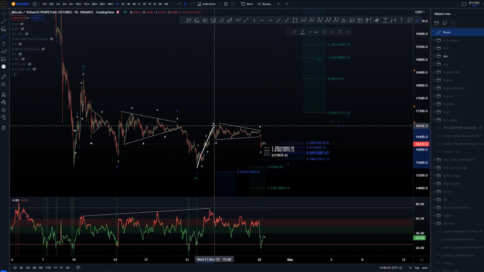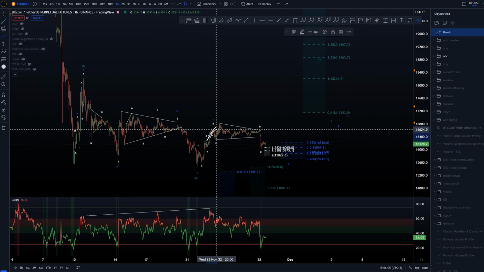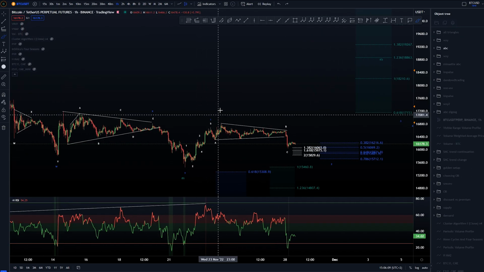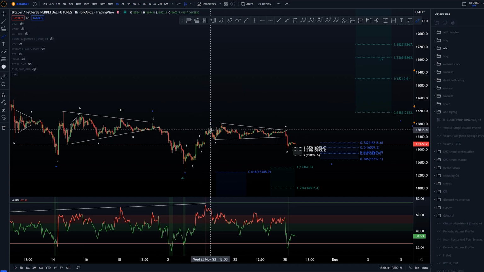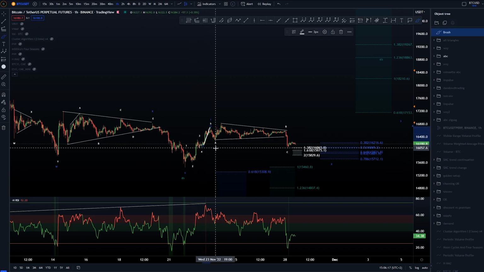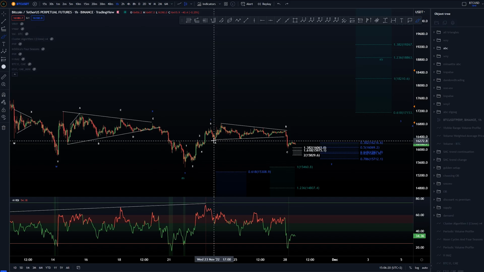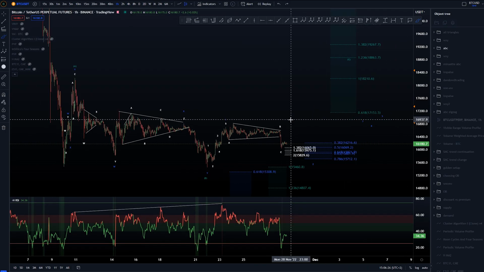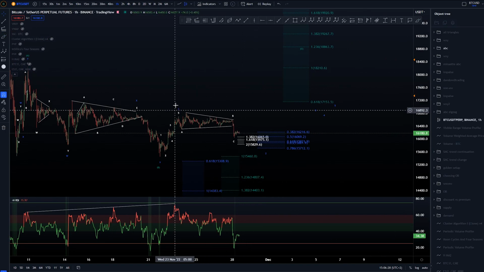So same 5 waves here, even though we did not have divergence between the 3rd and 5th, this is still a very likely and okay looking count, just because all of these 5-wave structures here are very good looking. On smaller time frames, we could not get a 5-wave structure in here, so we can't really get a WXY properly there. I'm going to be showing you that later on in just a moment.